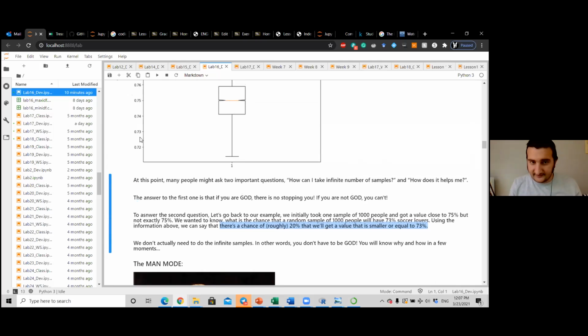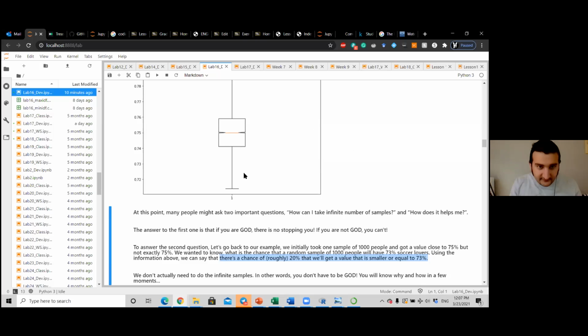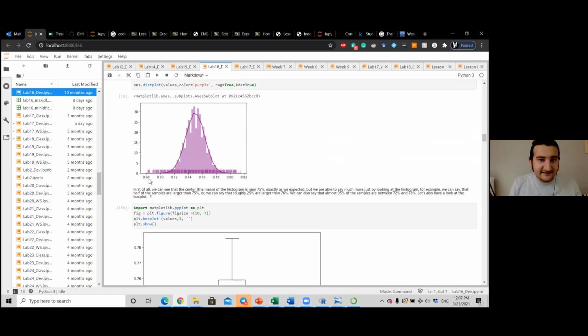Can you relate this to the highlighted statement now? You could say that based on the box plot, 20% of the data is below or equal to 73%. Yes. And this box plot is communicating the same thing as the histogram.